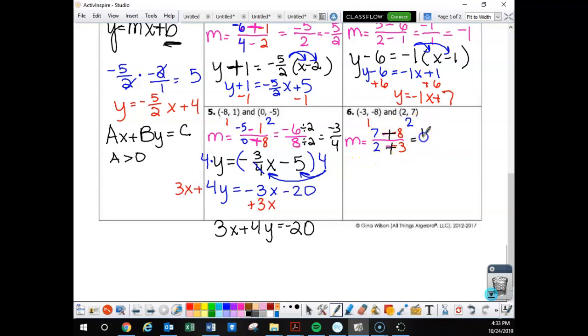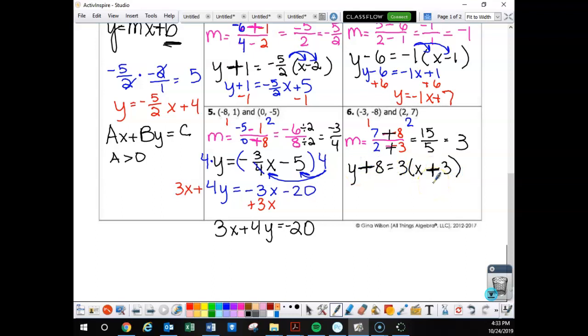So 7 plus 8 is 15, 2 plus 3 is 5, and 15 divided by 5 is 3. So if I plug this into my point slope formula, y minus y1, which is negative 8, equals 3, my slope, times x minus negative 3. So these both negatives become positive.